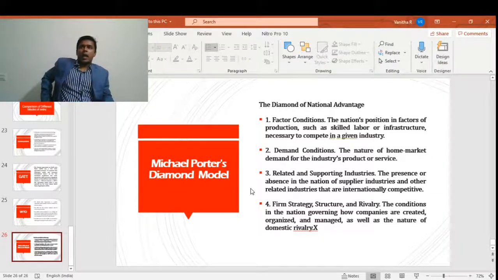Or when you are analyzing certain companies, certain brands, whether they are competitive, whether they are a reputed MNC or a reputed brand, what qualities they should have, to test whether they have gone through all this, whether they deserve to be entitled as a brand across the globe. You can apply this and see.